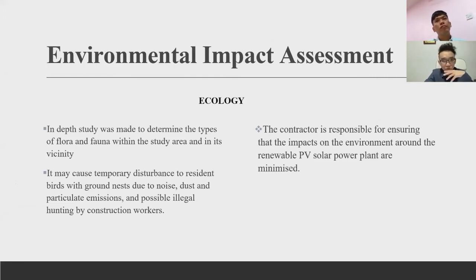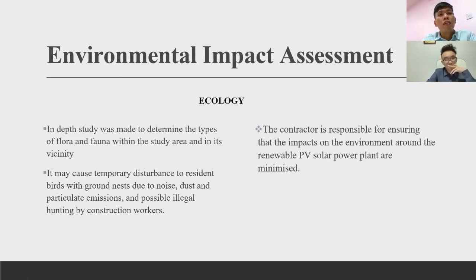Now I'm going to continue our presentation on the part of EIA. I'm going to present the environmental impact assessment. There are four factors included. First one is ecology. The study was meant to determine the type of flora and fauna within the study area and its vicinity. We consider ecology because the ecosystem of flora and fauna is very important.